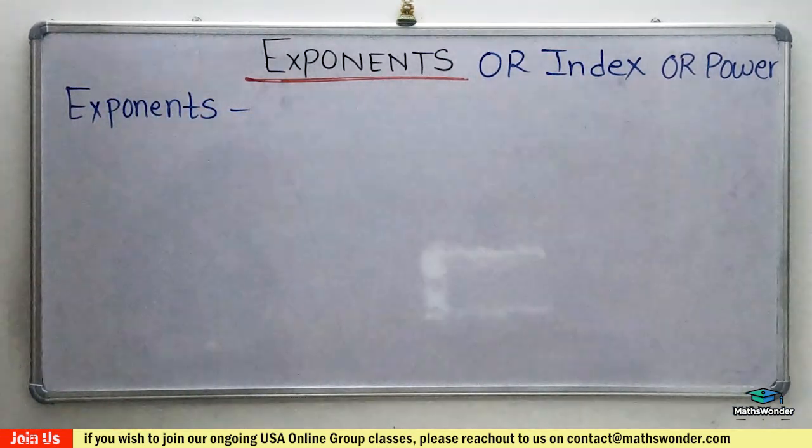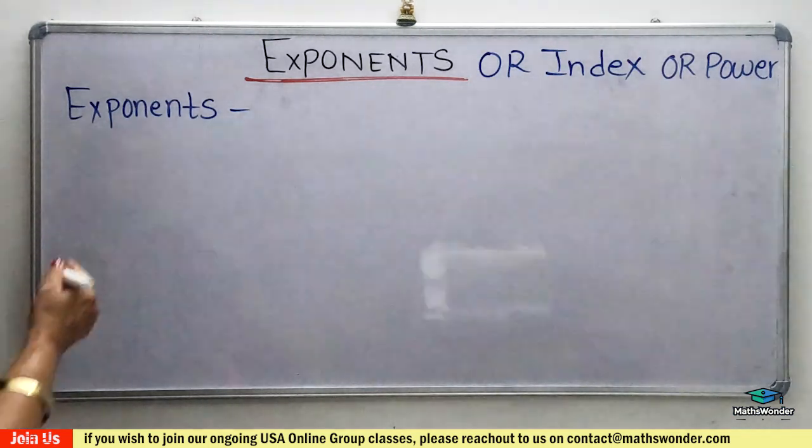What is an exponent? An exponent indicates the number of times a number is multiplied by itself.